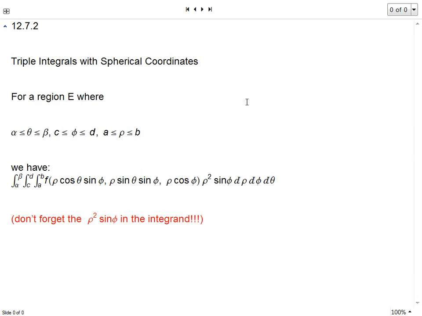And then, what if I allow my rho to go between two constants? So not only am I swinging between two constants this way and changing this back and forth this way, my rho is going back and forth this way between two constants. You get a region in spherical coordinates.